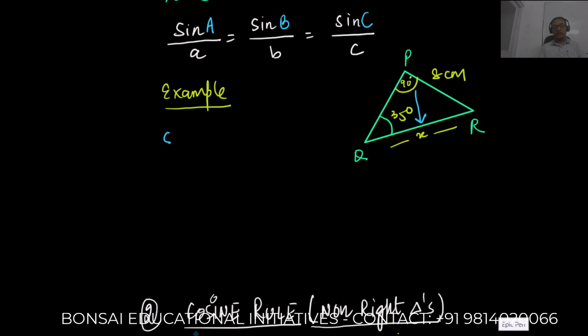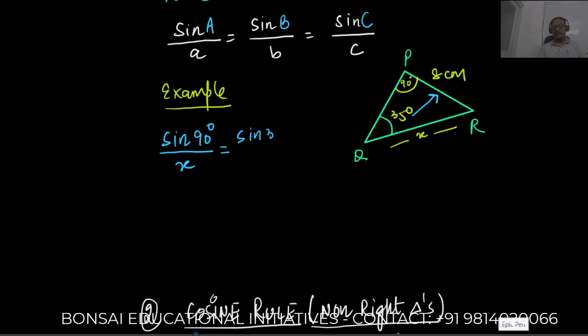So I can write sine 90 degrees over x, and the other pair gives sine 35 degrees upon 8. So we have this kind of equation. Let's make this equation and solve the problem.